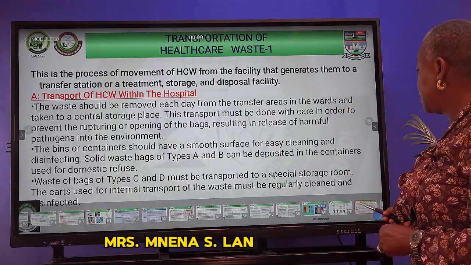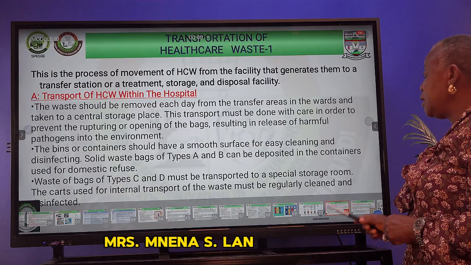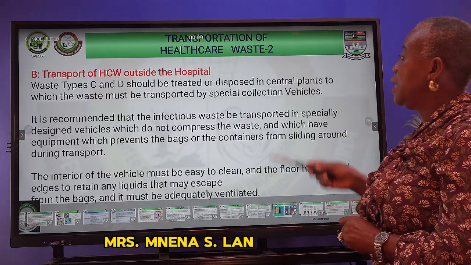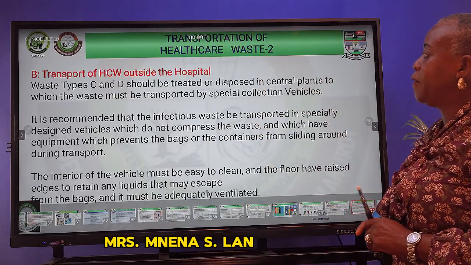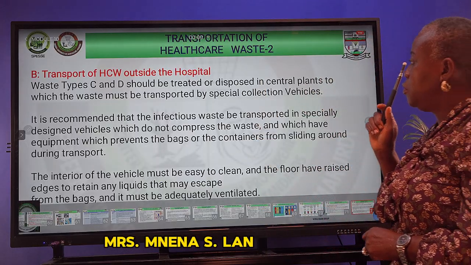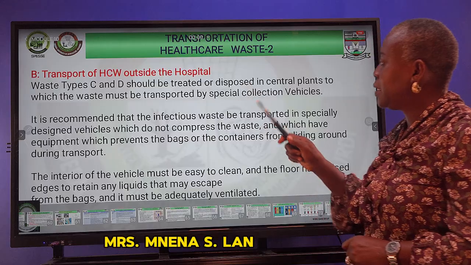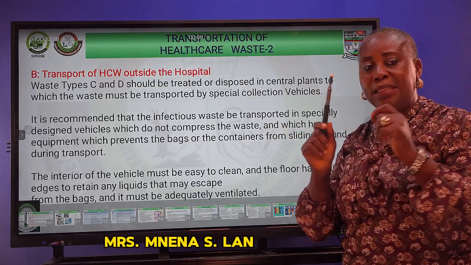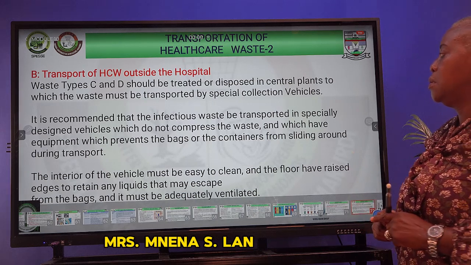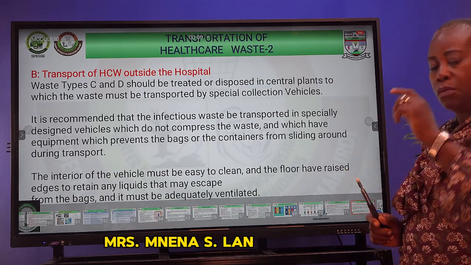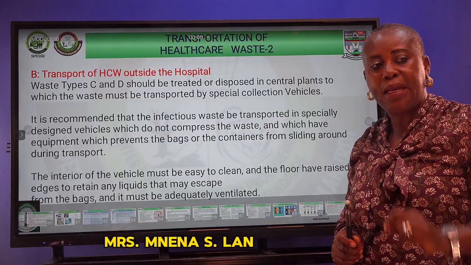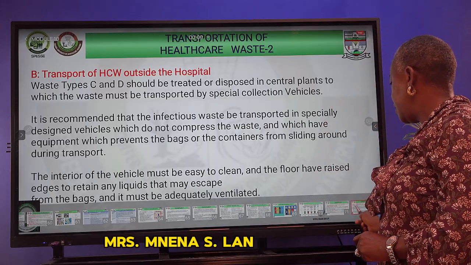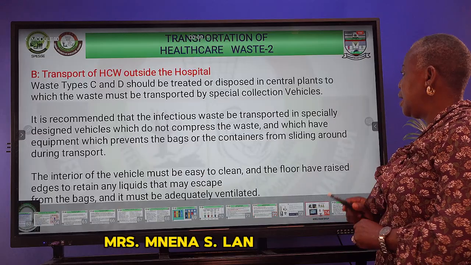These have to be labeled properly, and the containers in which they are transported also must be properly labeled. Then you transport outside the facility. Some waste is transported outside the facility in designed vehicles, clearly marked biomedical waste or healthcare waste, or with a sign to indicate on the vehicle that it is carrying healthcare waste.